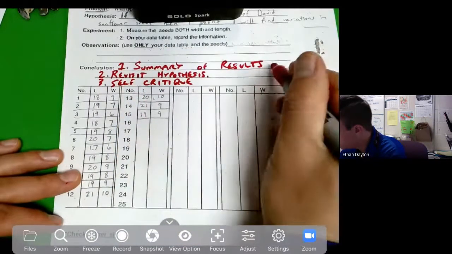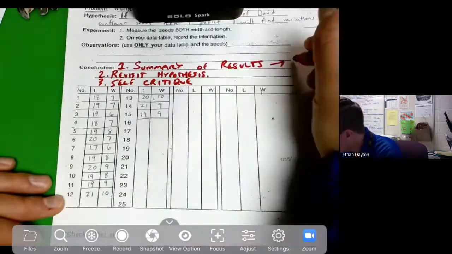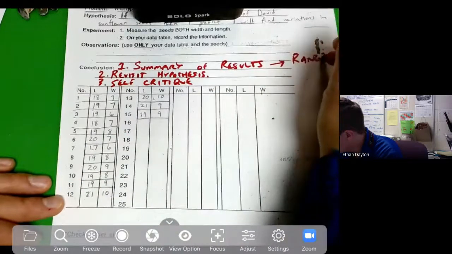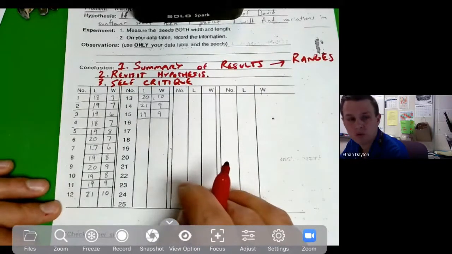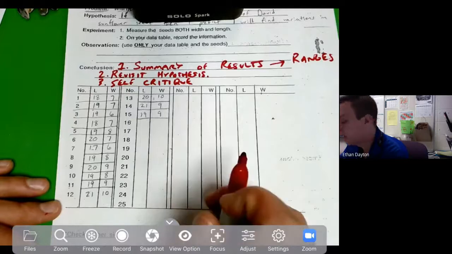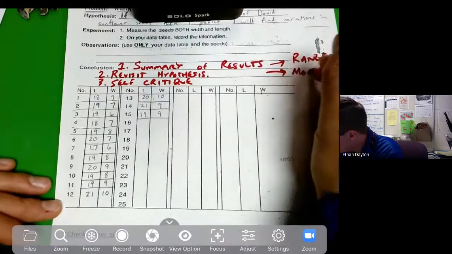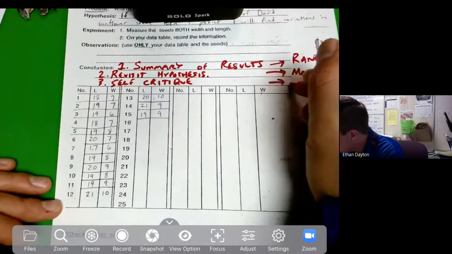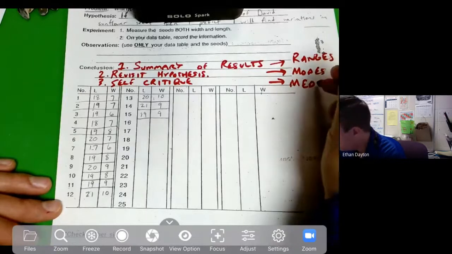In your summary of results, you can look at your data. You can talk about ranges. What was the longest one? What was the shortest one? What was the widest one? What was the skinniest one? You can talk about modes, the median. Yes, with Cami you can add pages. Very good point.